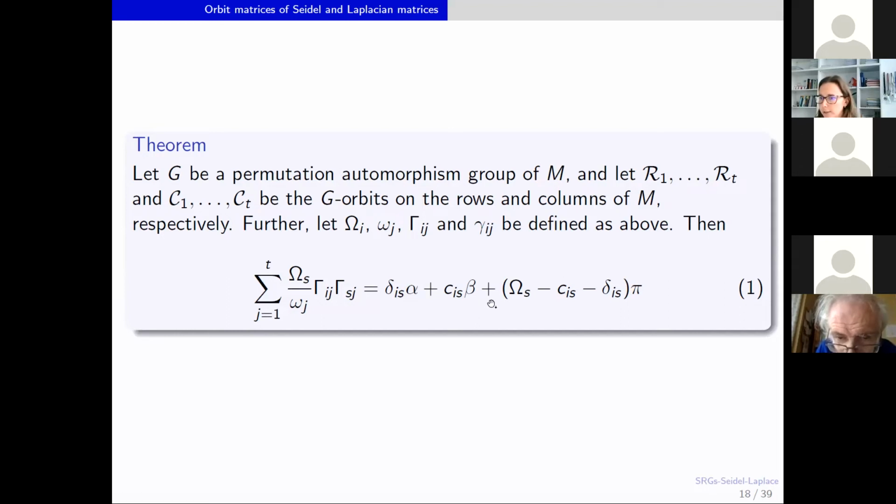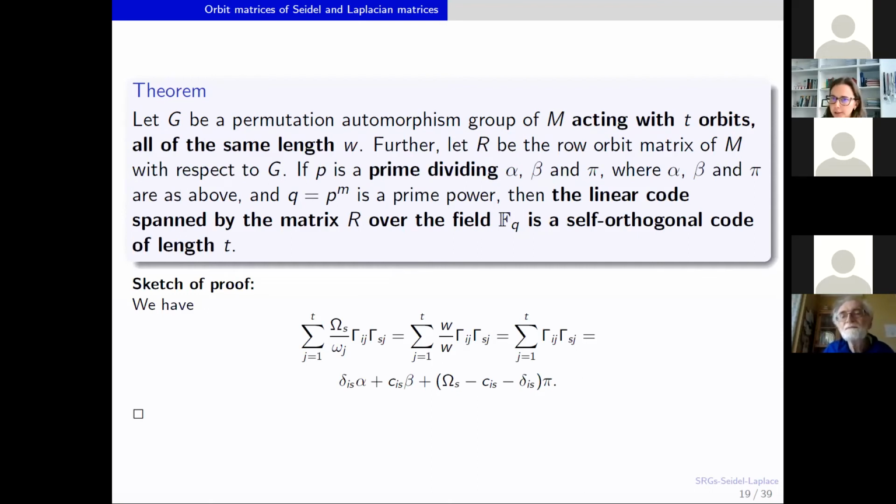Then you have beta with C, which is an element from the orbit matrix, and this expression multiplied with pi. Proving this statement was crucial in order to obtain conditions for the method of obtaining self-orthogonal codes.